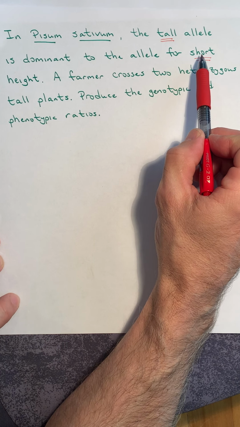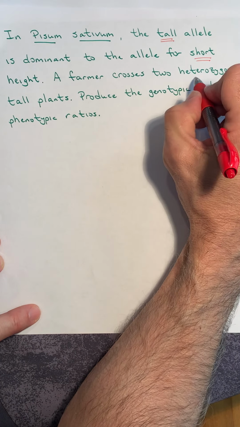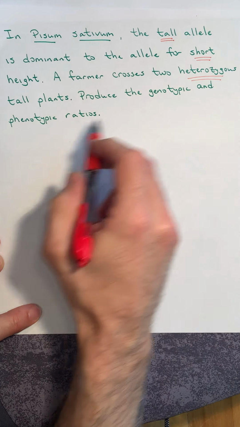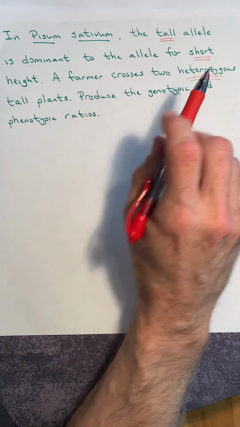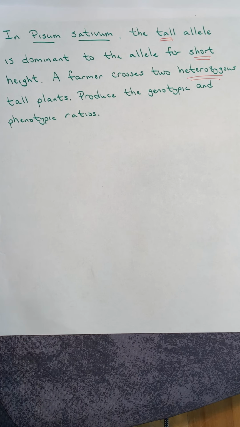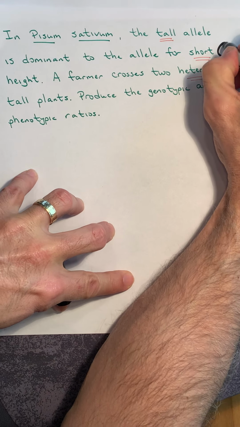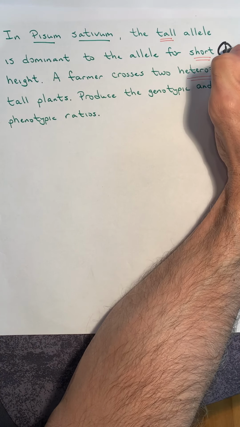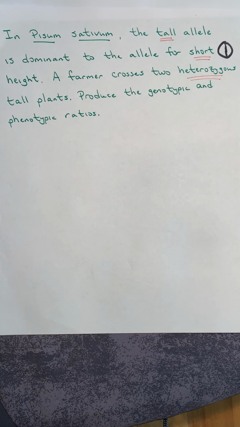Then it has to tell you about the parents. So it says that the farmer crosses two heterozygous tall plants. This tells you about their genotype, what they carry in their genes. So that's step one. Whenever you start doing a genetics problem, the first step is to figure out what your alleles are, what's dominant and what's recessive.